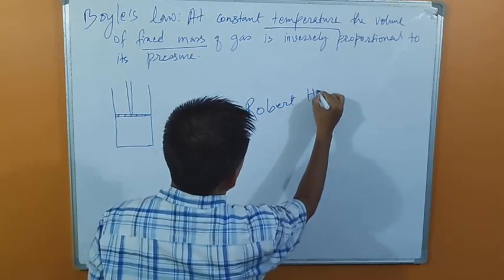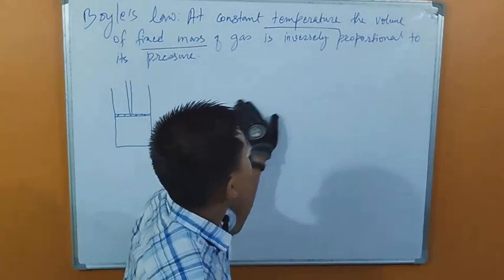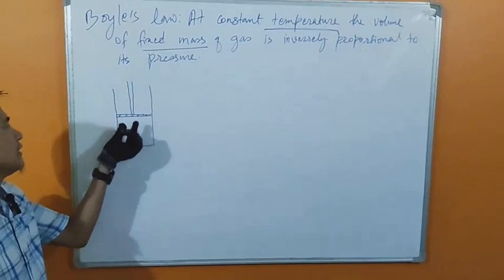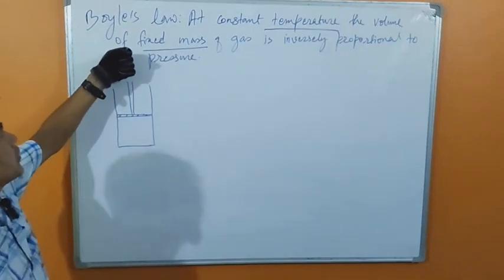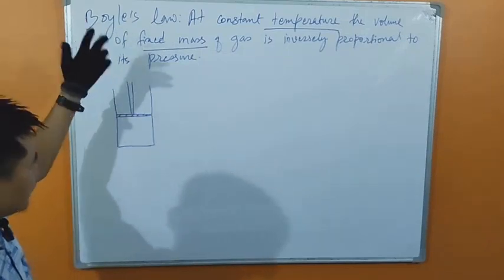Not Captain Hook, it's Robert Hooke. Forget about that, let's come to the point. This is a cylinder fitted with a freely movable piston. You can move the piston up and down by applying pressure or releasing pressure.